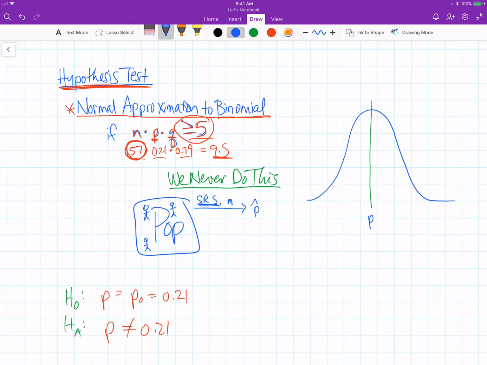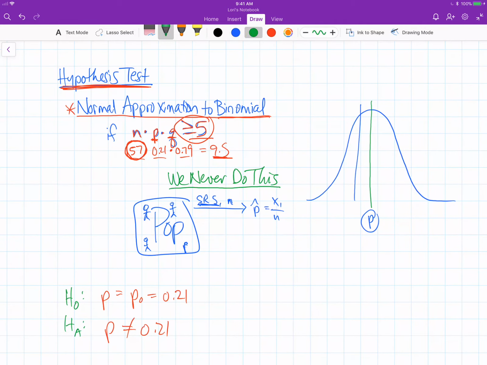It's going to have a proportion that's equal to the number of x's, the number of smokers in that particular sample, divided by n. And let's say that proportion is slightly lower than the actual population proportion. Here's our population proportion, lowercase p.